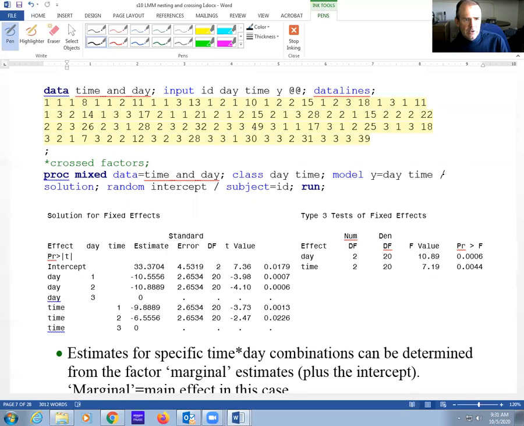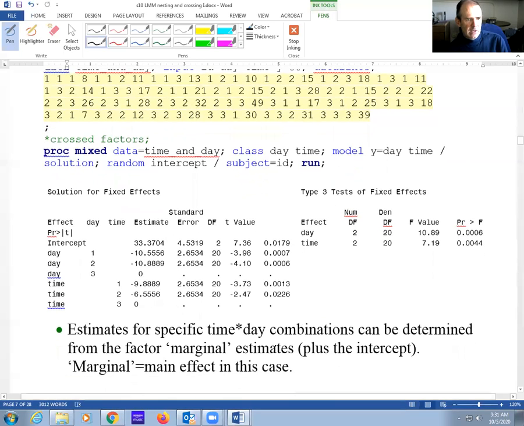If you've established that there's no interaction there, you can take that out. But you can still get specific time by day combinations from the marginal estimates there. So you can see here we have day 1, 2, 3, time 1, 2, 3, or you can think of this as the morning, noon, evening.